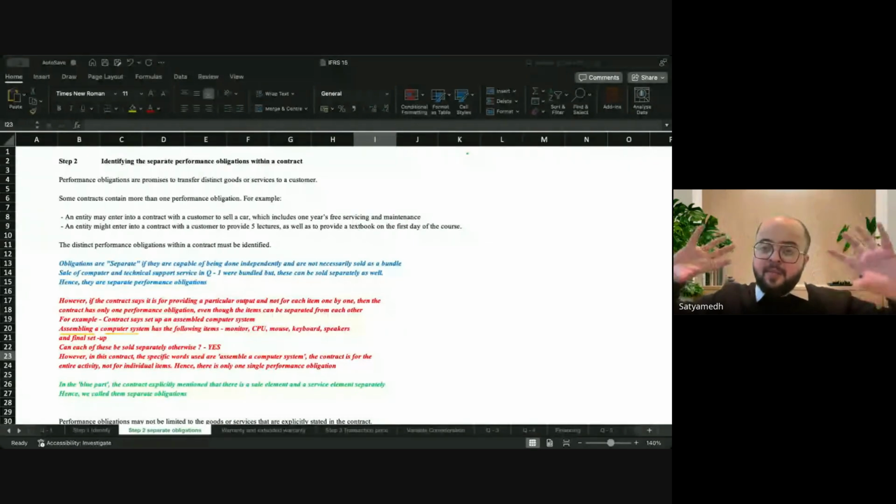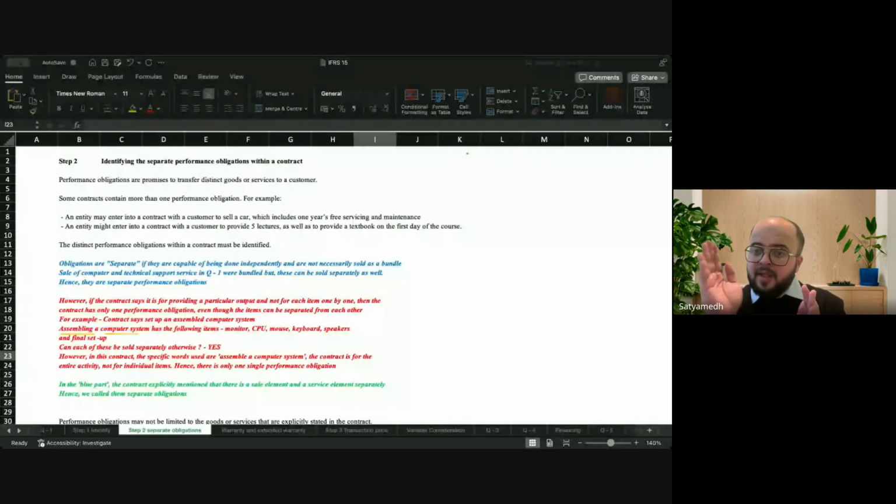These are three separate activities that are promised to you. These three activities can be sold independently also, they can be sold as a bundle also, but in the bundle they can be separated. It is not necessary that they have to be sold as a bundle. They can be sold individually as well.